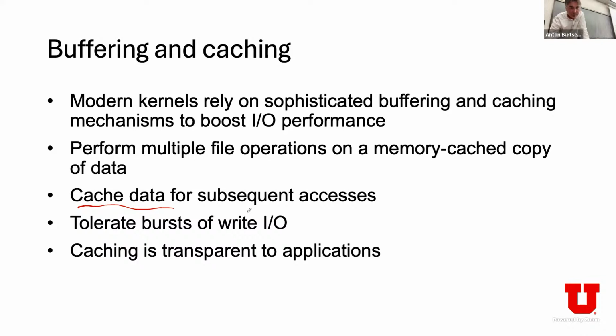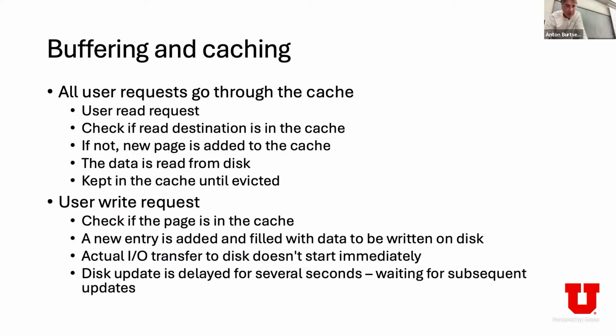So presumably that will allow us to hit the same block or allocation in a file multiple times, in a manner that is completely transparent to the applications. And in Linux, as I was saying, all requests go through a cache.